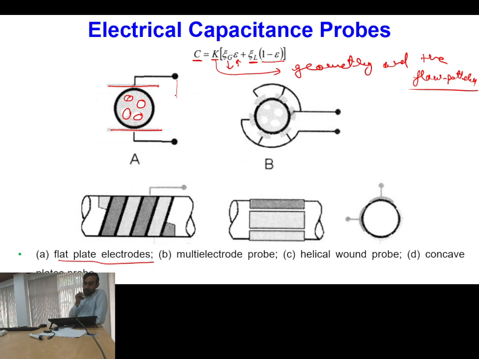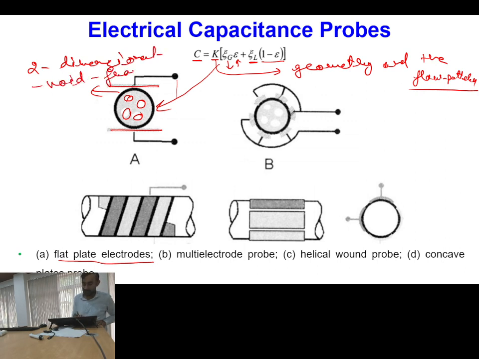Once you measure the capacitance across these two electrodes, the void fraction of the mixture controls the value of the capacitance. So the benefit of this type of probe is that it will give you the two-dimensional void fraction.